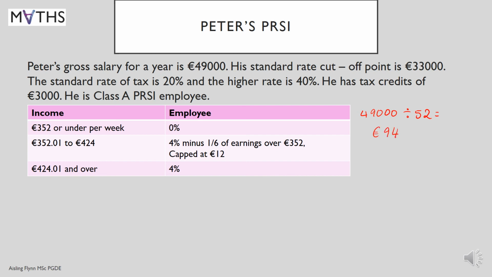That gives him 942.31 per week, so he's in this bracket definitely. So we're going to tax all of his income, 49,000, at 4%, and we get €1,960. So that is PRSI.